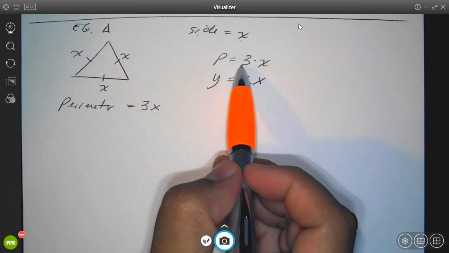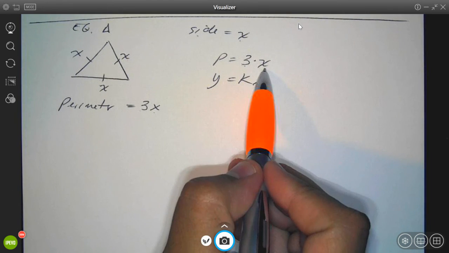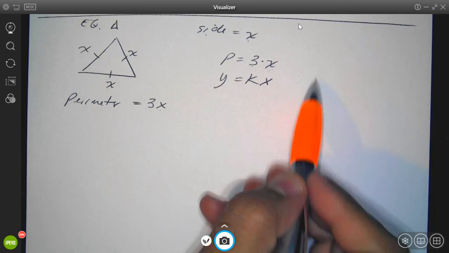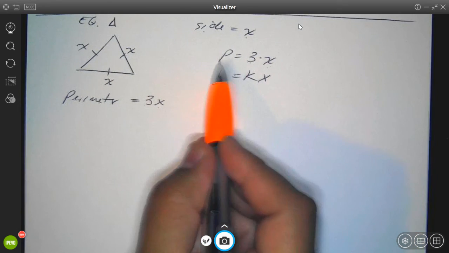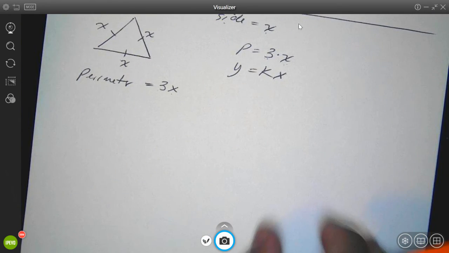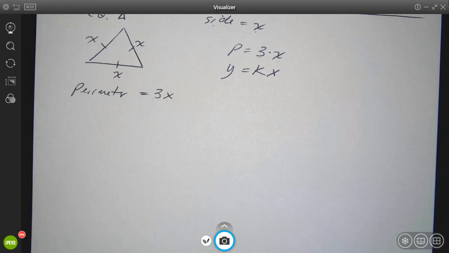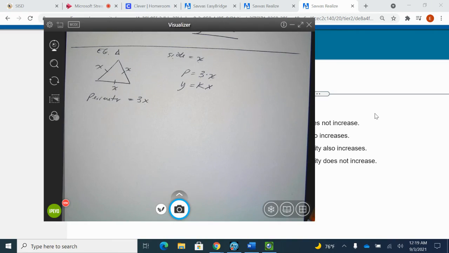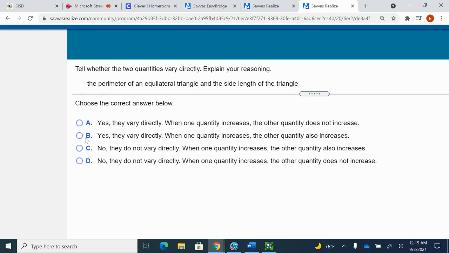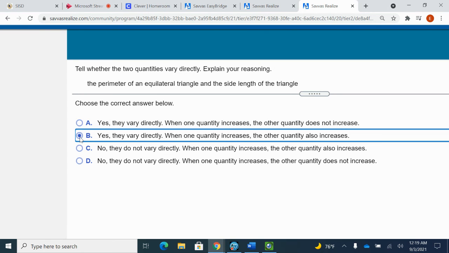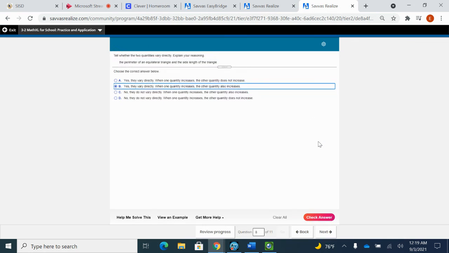We're multiplying some constant of variation times our input. Notice how there's no plus or minus or anything. We have the same equation with different variables. So this is a direct variation. So looking at here, yes, they vary directly. When one quantity increases, the other one also increases, which we just saw in the equation.